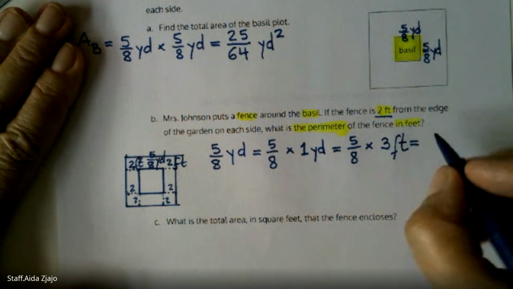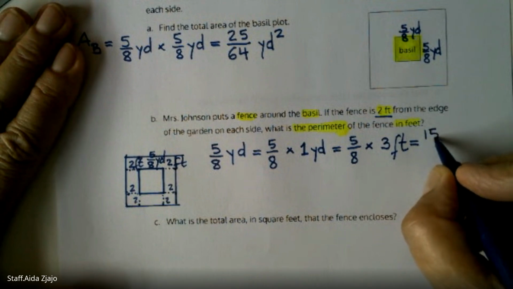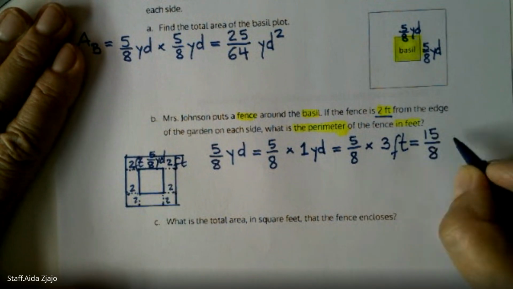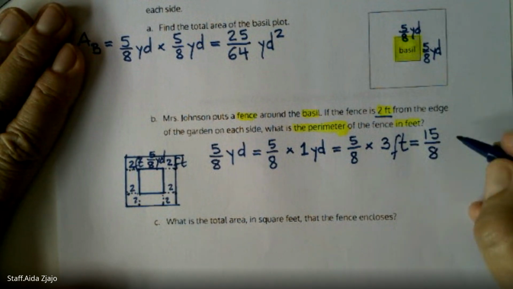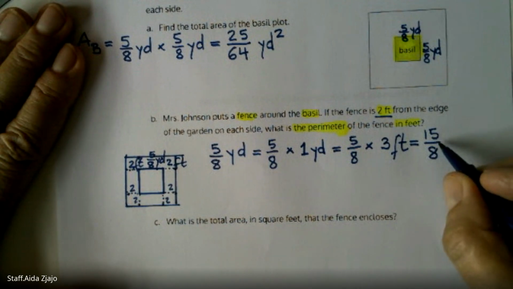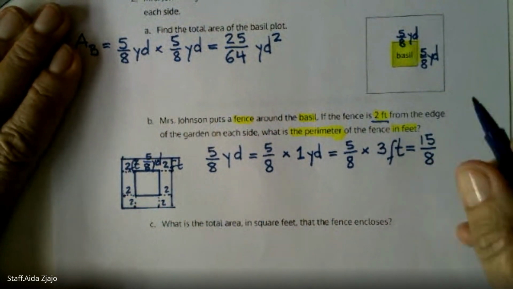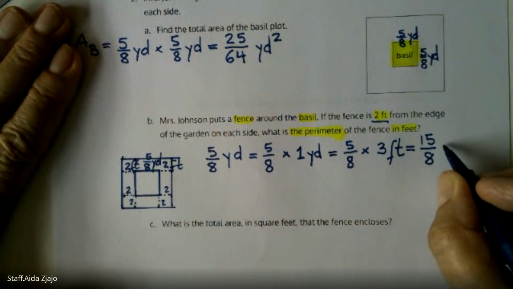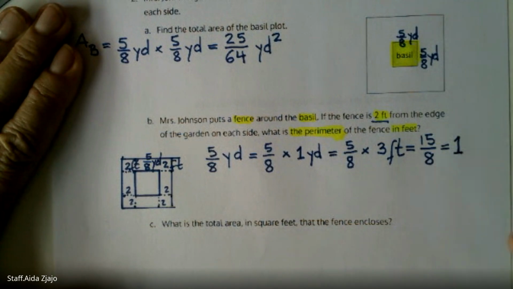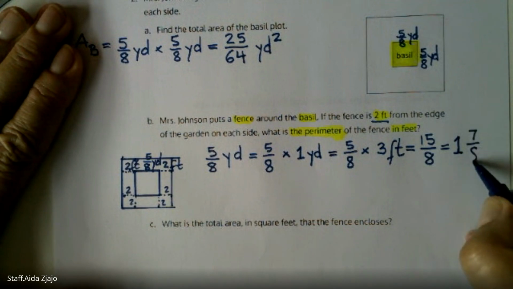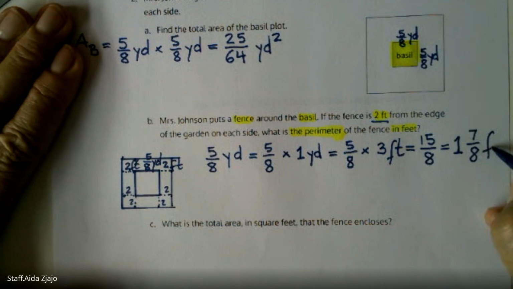And that will equal 15/8 of feet. Okay, so 15/8, 8 plus 8 is 16, so it's not 2 feet. It is less than that, so it is 1 whole foot and then 7/8 of the next foot.